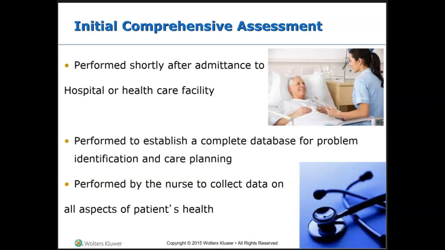The nurse collects a complete assessment to establish a database to work off of, right? So we're going to get as much information as we can, good patient baseline information. And let me say that one more time because it's so important. You have to have good, solid baseline information on your patient, right?